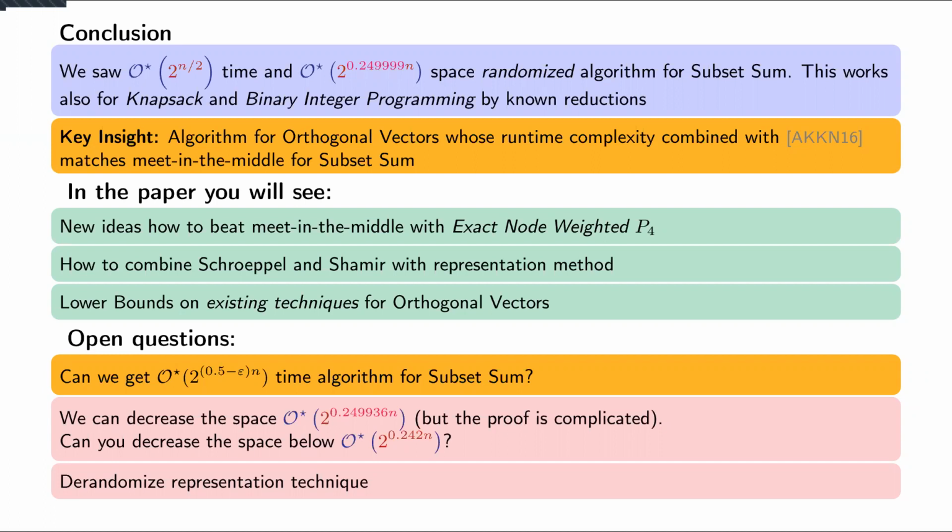This arises when you have all these assumptions in your hand; our algorithm cannot break below that. And the next question is, can you give some ideas to randomize this representation technique? So that's it. Thank you.